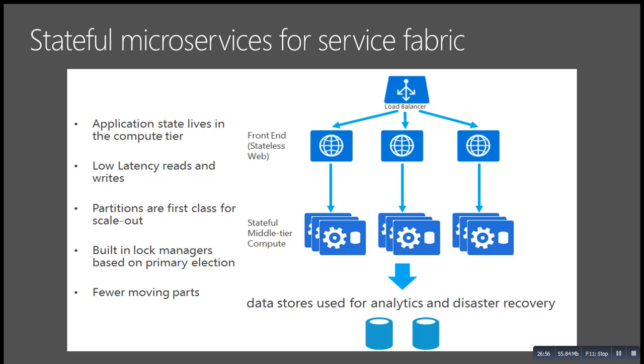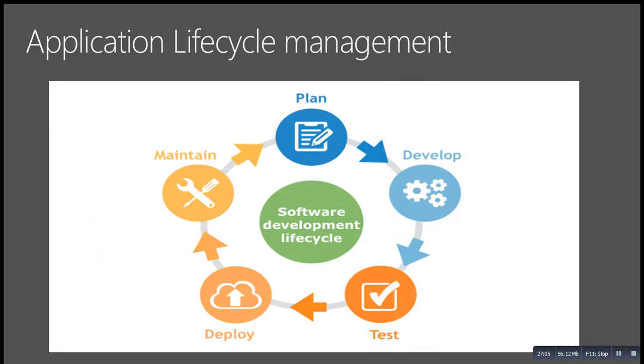Okay, so let's move on to application lifecycle management. As we know, in application lifecycle management we plan, develop, test, and then deploy and maintain. Azure Service Fabric provides all these facilities. For example, if we want to deploy any application which is composed of microservices, we need to plan ahead.